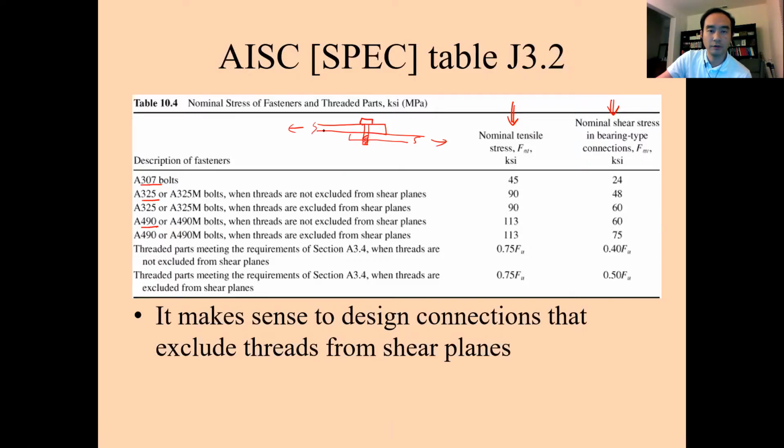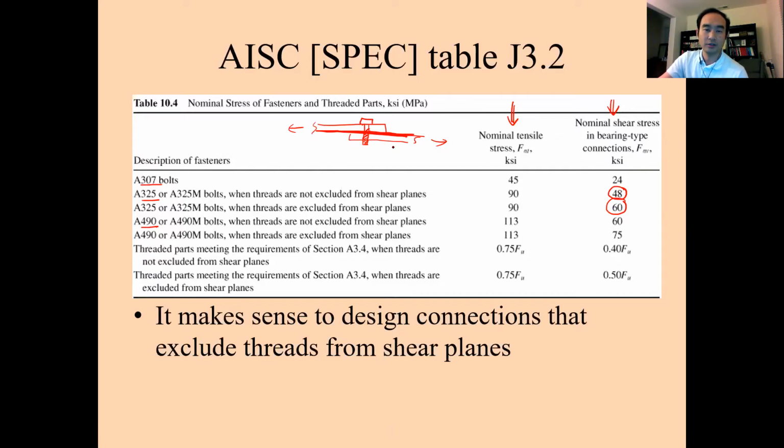The shear plane is, in this case, this line, right? If that's the case, we're going to use 60 ksi. If the threaded portion is not excluded, which means it overlaps with the shear plane, then our capacity is going to be reduced to 48. So that's how we can determine which strength is going to be used.